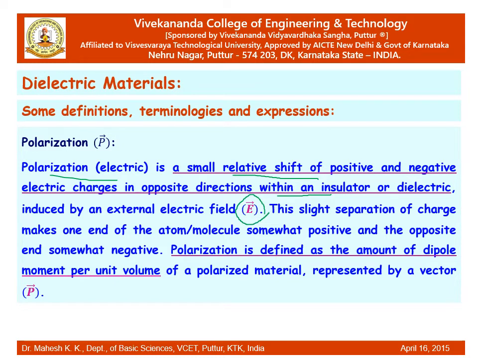This slight separation of the charges makes one end of the atom somewhat positive and the other somewhat negative. One side is positive and the other side is negative. So polarization is defined as the amount of dipole moment per unit volume of polarized material, represented by a vector P. Polarization is a P vector.